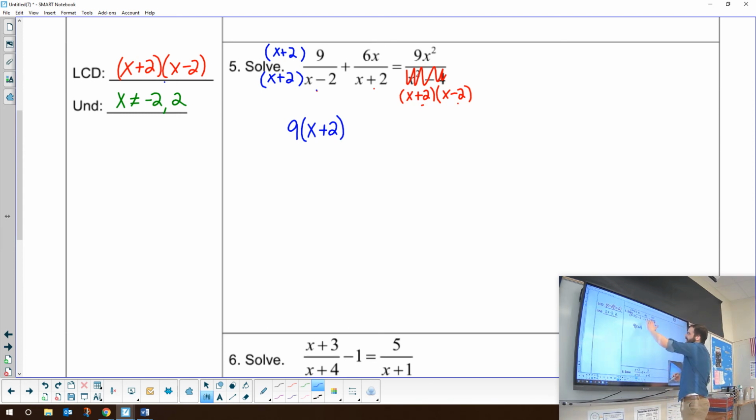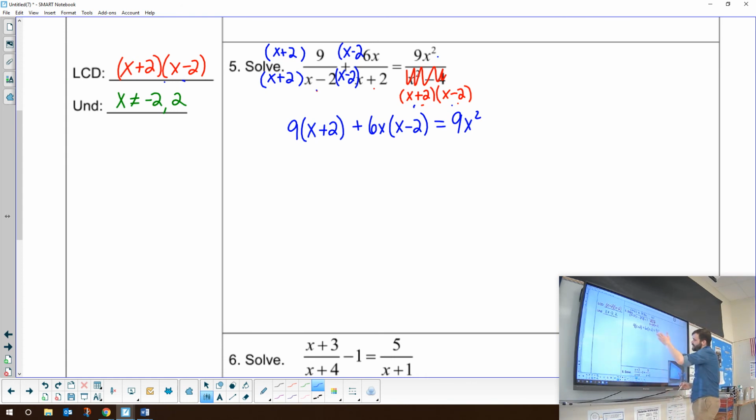To get from x plus 2 to that, we need to multiply by x minus 2. So we're going to have 6x times x minus 2. And lastly, on the other side of my equal sign, I don't need to multiply this by anything. It already has both pieces. So we're just going to leave that 9x squared that was on top the same.